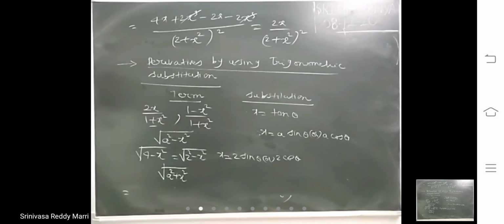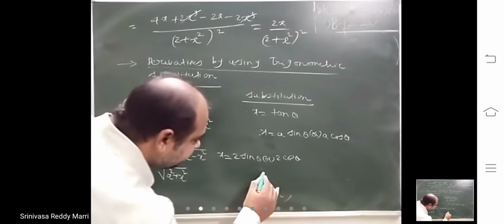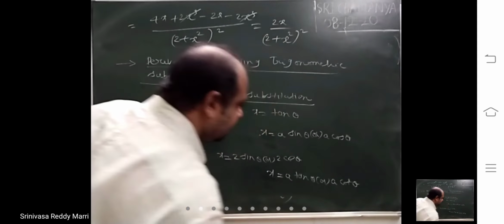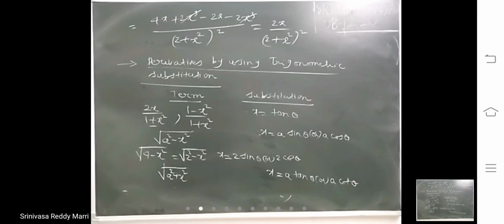Suppose root of a square plus x square. Root of a square plus x square means you have to take the substitution a tan theta or a cot theta. If plus is there.